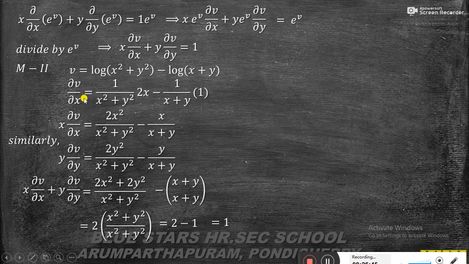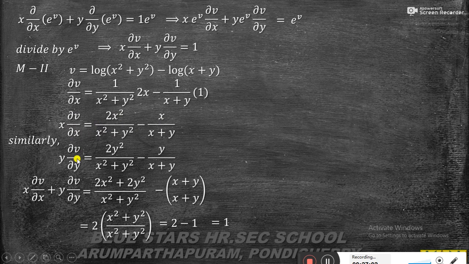Therefore dou v by dou x equals 1 by (x square plus y square) into 2x, minus 1 by (x plus y). So x into dou v by dou x is 2x square by (x square plus y square) minus x by (x plus y).